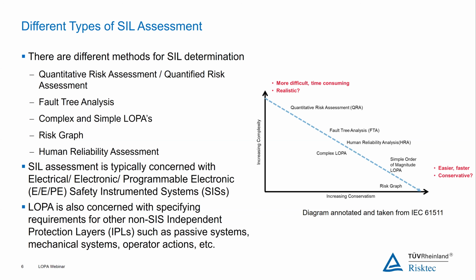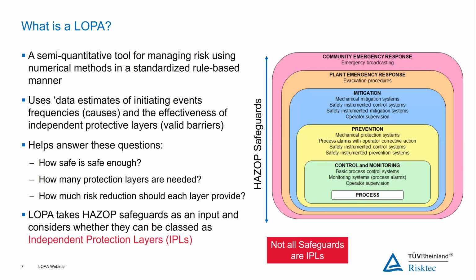So when you're looking at the requirement to do a SIL assessment, it's not simply a case of looking at it and saying, okay, we're going to do a LOPA on this.